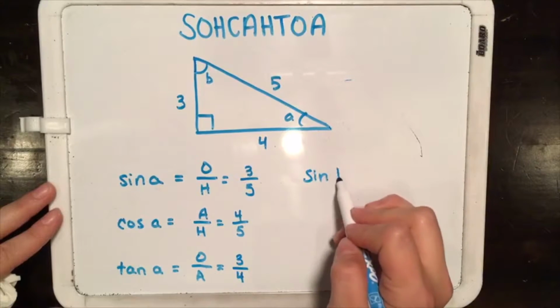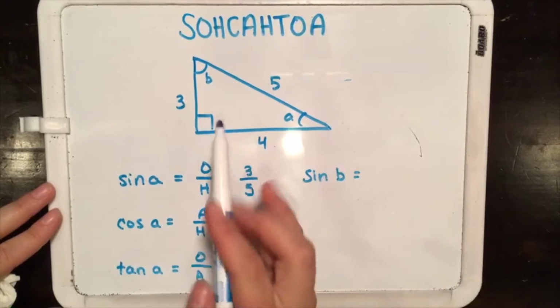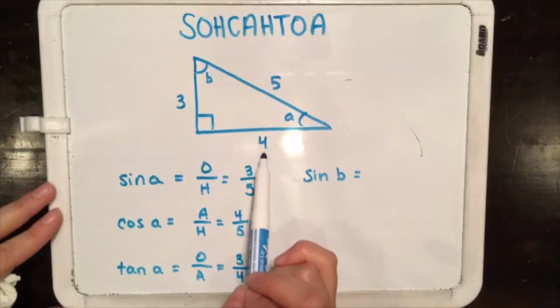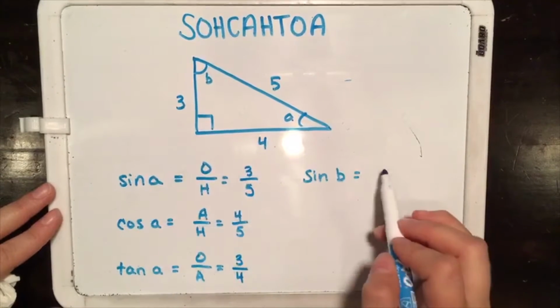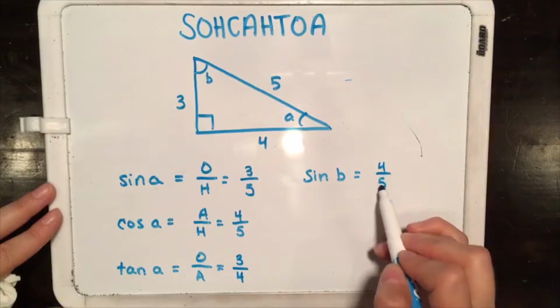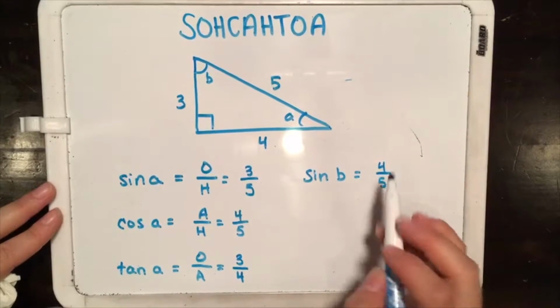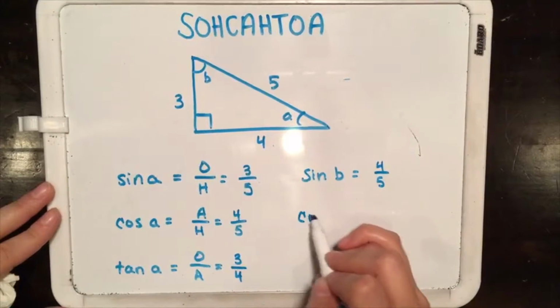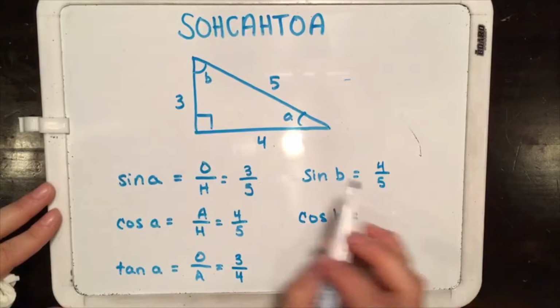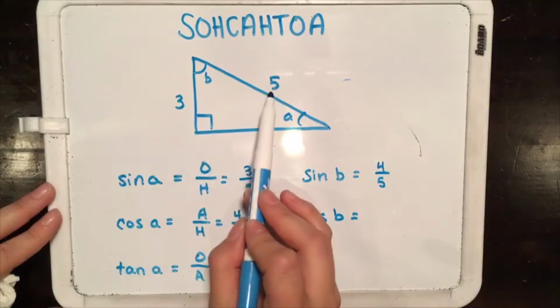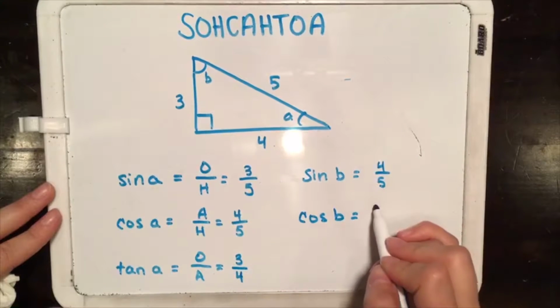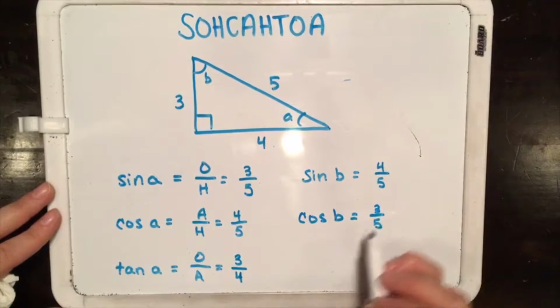Sine of B, opposite, 4, over hypotenuse, 5. So we get 4/5 for the sine of B. Cosine of B is adjacent, 3, over hypotenuse, 5. 3 over 5.